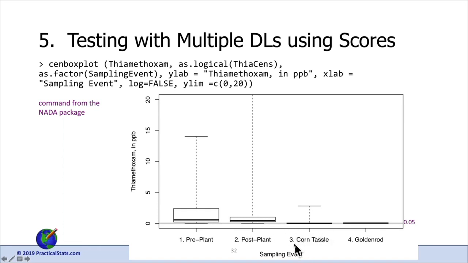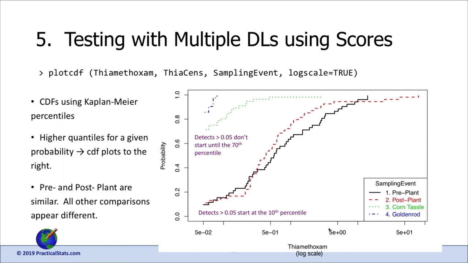The groups labeled 3 and 4 here have almost all or a high proportion of values below 0.05, and the groups labeled 1 and 2 are much higher. And you can see that in these box plots, and you could see it in a test that would test that these two groups are different than the 2 groups, the 3 and 4 groups. You can plot CDFs with these step functions and see the same thing. These were the high groups.